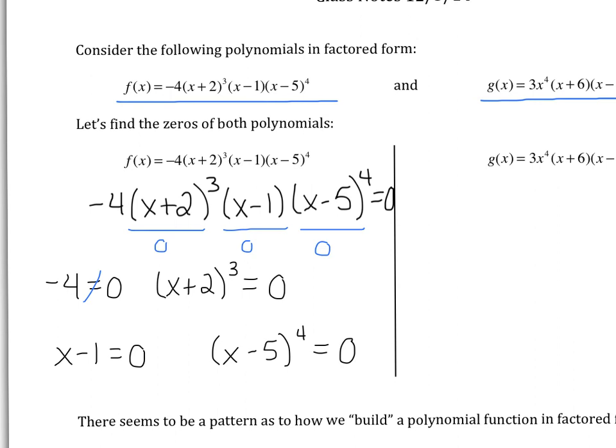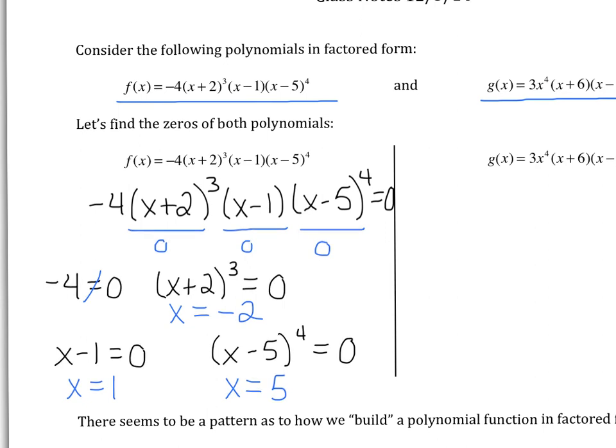Now the second factor, (x + 2)^3 equals 0. Well, that will be true if x is equal to -2. And the third factor, this will be true when x is +1, and this will be true when x is +5. So we get 3 zeros here: -2, +1, and +5.